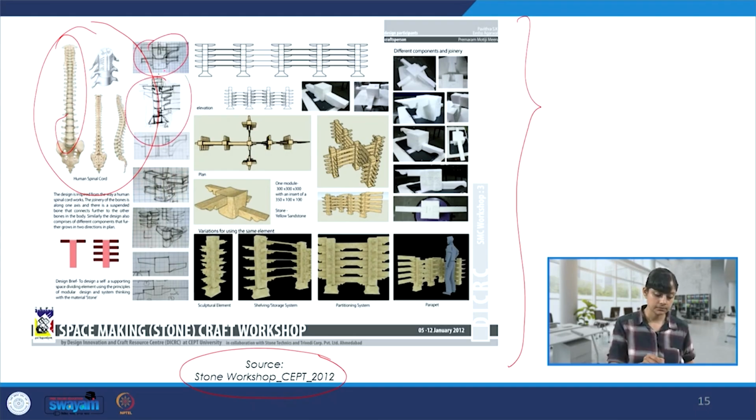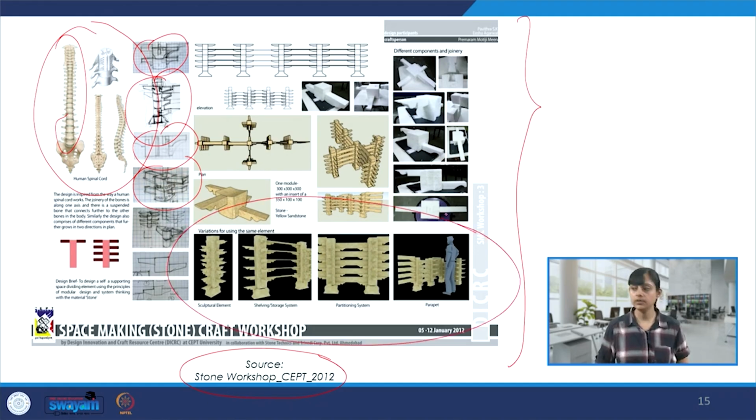And then if we use stone, the leftover pieces of stone from the industry, and capitalize on the attribute of modularity, if we use this human anatomy and interlocking system and translate it to these modular pieces of stone, and try to design some kind of a system where, through permutation and combination of these modules and different arrangements, we could achieve space making elements or different functions within an interior architecture project.